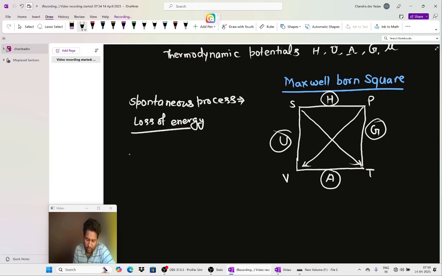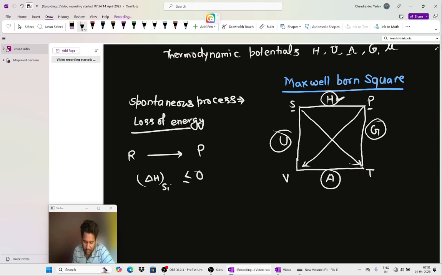Condition: suppose a process is a reaction R to P. The change in enthalpy during the process should be less than zero, meaning negative. Negative means loss of energy, or equal to zero, at constant variables. Enthalpy has two variables, pressure and entropy.